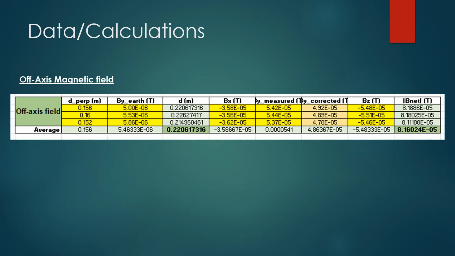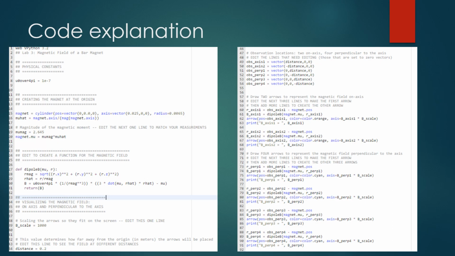Here was the off-axis magnetic field data. Some of the code here shows the creating of the magnet on the left side. Additionally, it creates the Biot-Savart law as a formula in the code, which can be used for the modeling in GlowScript.